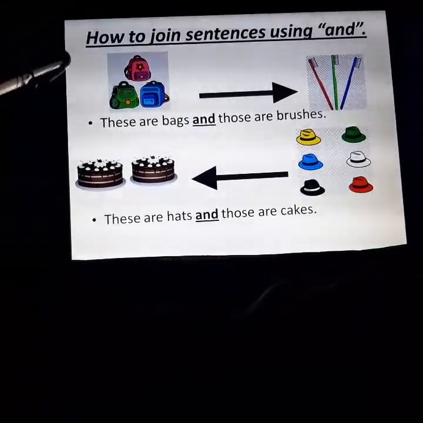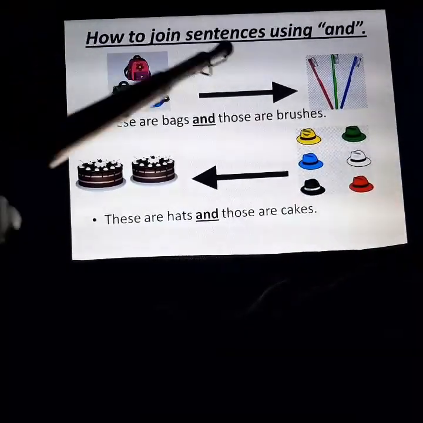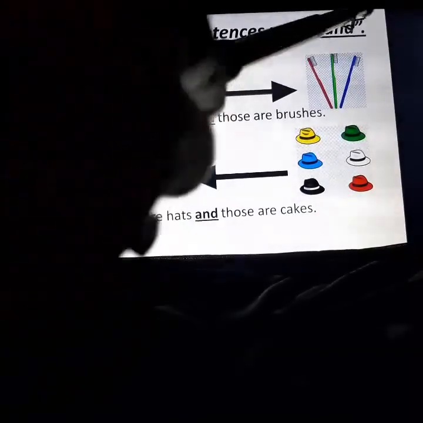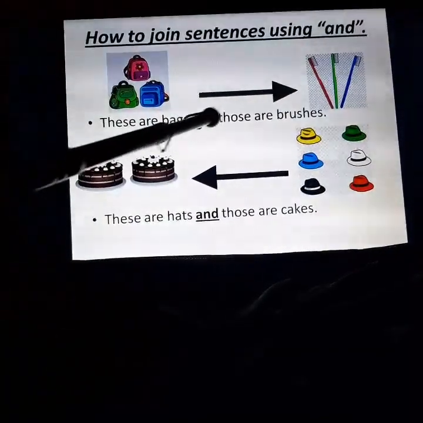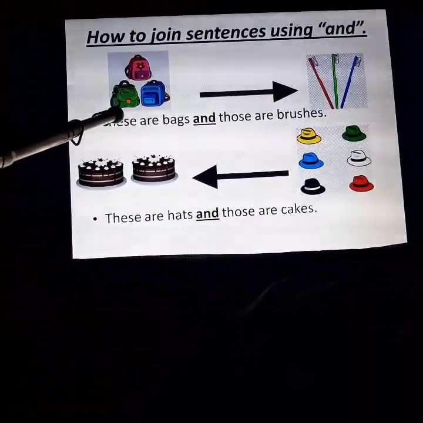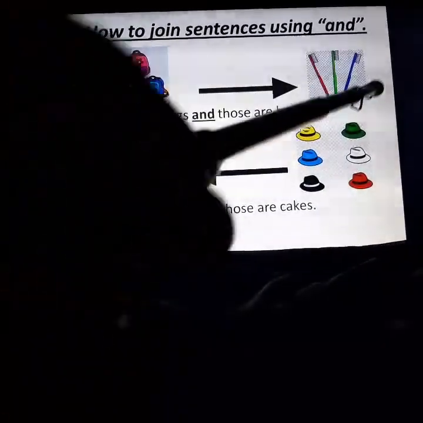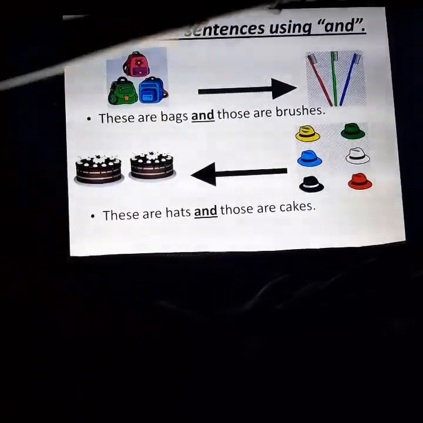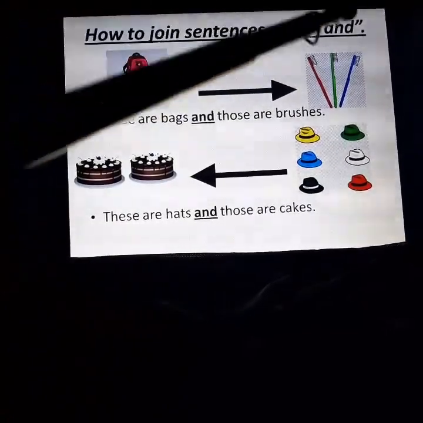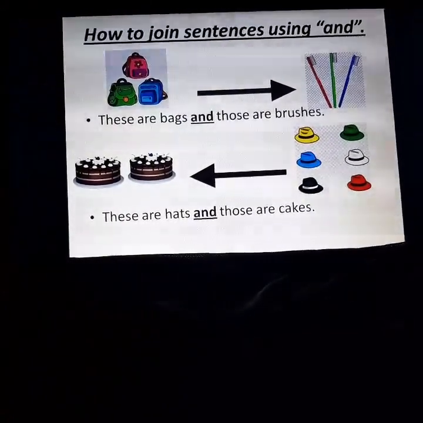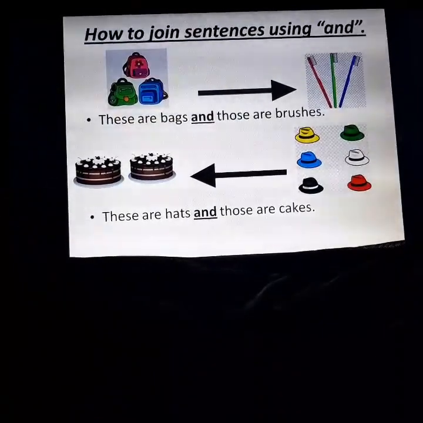Now children, we will learn how to join a sentence using and. Look at the picture here. Now here we have 3 bags and this side we have 3 brushes. That means we have more than one object. So children, now you have already learned how to make a sentence.